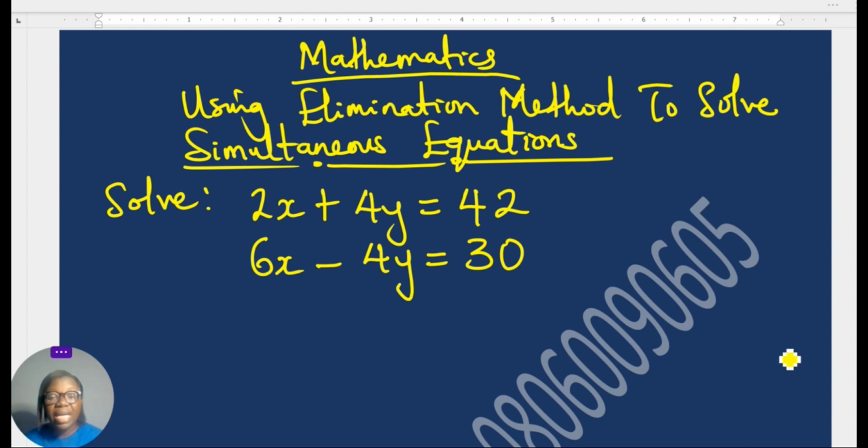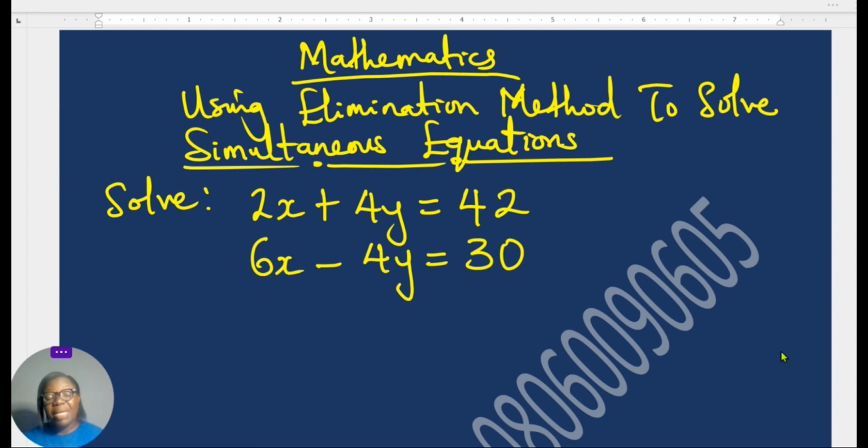So how do we use elimination methods to solve simultaneous equations? The first thing you need to note is that we are going to perform either an addition or a subtraction operation to eliminate one of the variables and get the other.